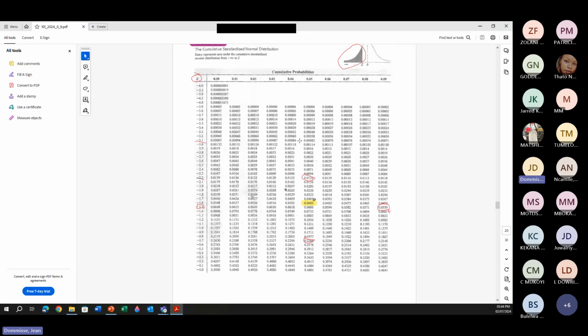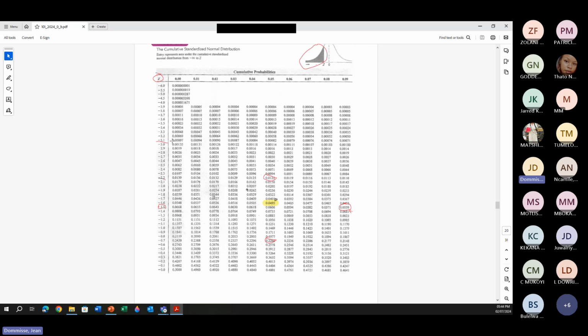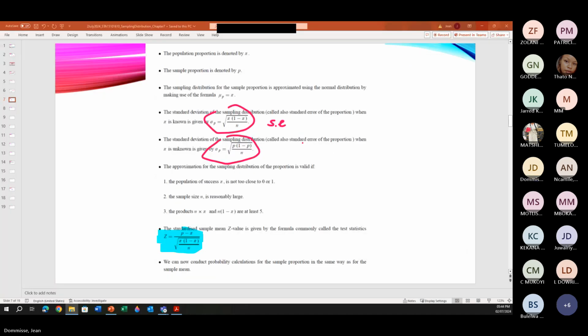So again, we're going to reference the normal distribution tables. So nearly the flow from study unit 6 into study unit 7. A lot of the things that we've done in study unit 6, we are going to use in study unit 7 as well.